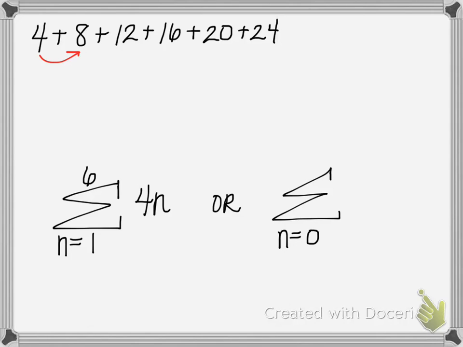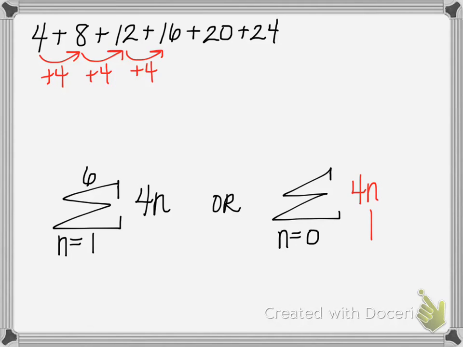To go from 4 to 8, we are adding 4. From 8 to 12, we're adding 4 again, and 12 to 16, we're adding 4. So our pattern really is that we're adding 4 repetitively, and that supports why we would begin with 4 times n. If we're adding 4 repetitively, that shortcut would be multiplication, 4 times n.